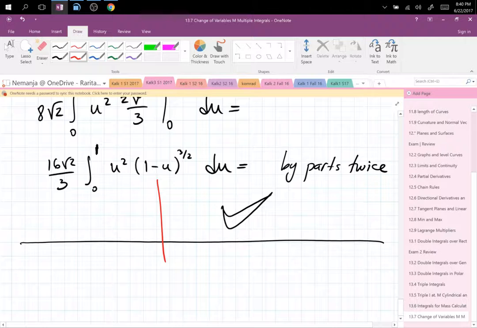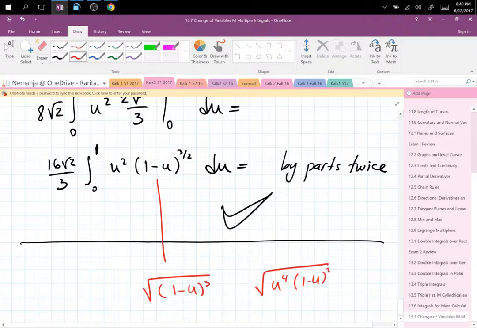This thing looks like this: square root of 1 minus u cubed. When you multiply u squared underneath, you're going to get the square root of u to the 4th times 1 minus u cubed. Now what? Foil.